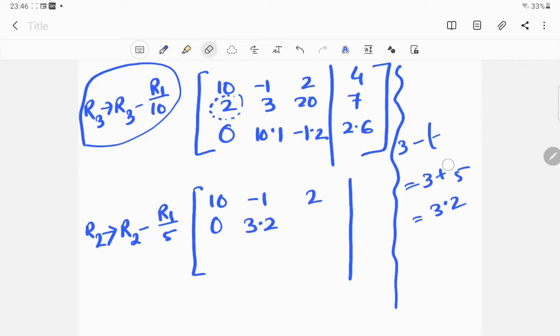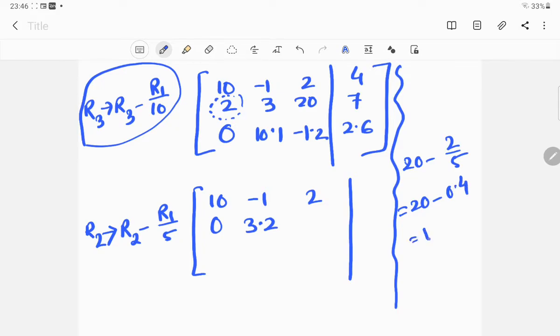Then we have 20 minus 2 by 5, which means 0.4, so it is nothing but 19.6. You can keep it in fraction also, it's up to you. Since I will be using a calculator, I don't have any problem dealing with decimals.